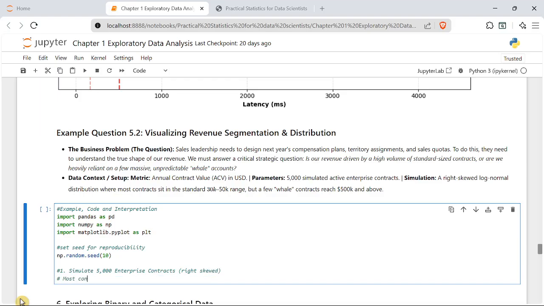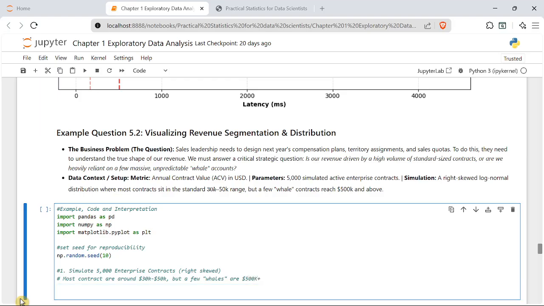Most contracts are around 30k USD to 50k USD, but a few whales are 500k plus.